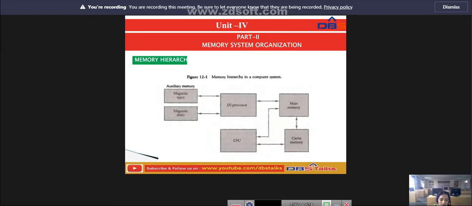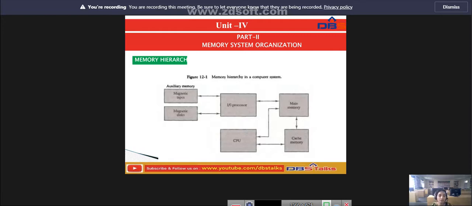A special very high speed memory called a cache memory is sometimes used to increase the speed of processing by making current programs and data available to the CPU at a rapid rate. So this is the main working of the memory hierarchy in a computer system. This is the diagram of memory hierarchy.